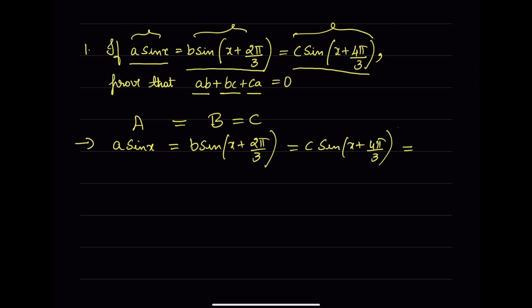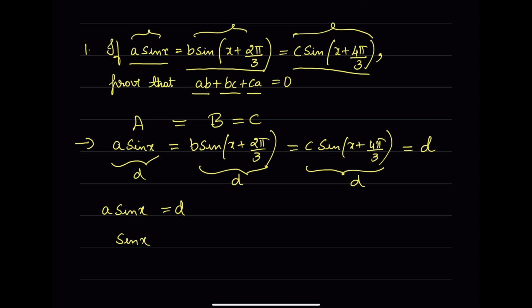So what we'll do is, let's consider this equal to d. So basically all these three terms are equal to d. So we can write this as a sin x is equal to d. So sin x is equal to d by a.